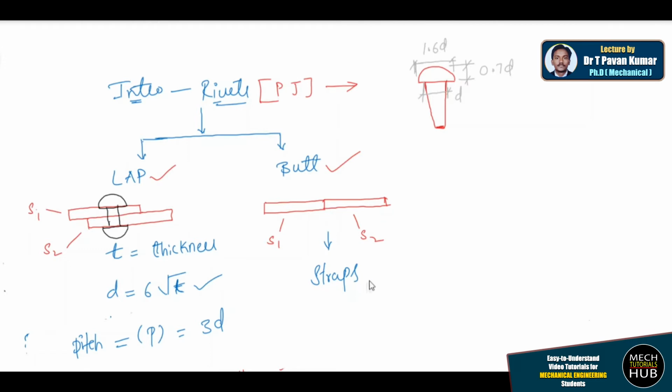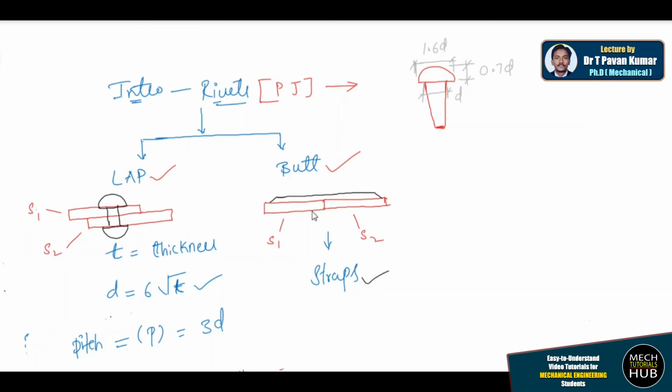So we'll try to use a strap, which will support both the sheets, something like this. Now if I drill a hole, the strap is going to catch hold of these two sheets.